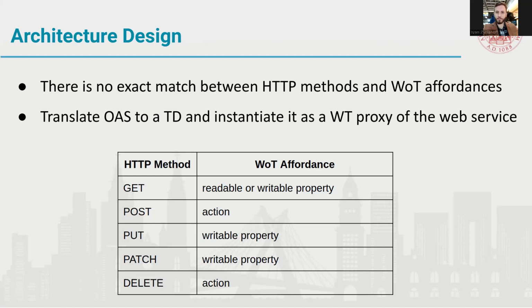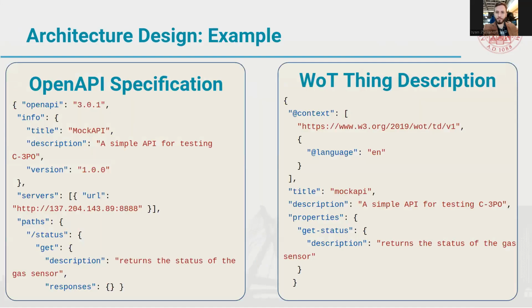For HTTP method POST, it's a web thing action. PUT we translate as a writable property, PATCH as well as a writable property, and DELETE as an action. Okay, so we utilize that guideline to translate those, and I will give a quick example.